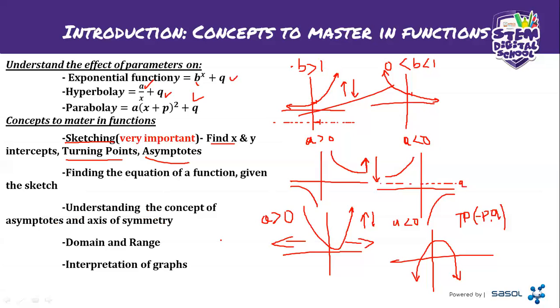You should know which graph does have asymptotes and which graph does have axes of symmetry. It's also important. And then how do we determine such things? And then domain and range. You must be able to determine the domain and the range of all the functions that we have. Interpretation of the graph is also important. You must be able to interpret the graph. So that is what we are going to be discussing in today's lesson.